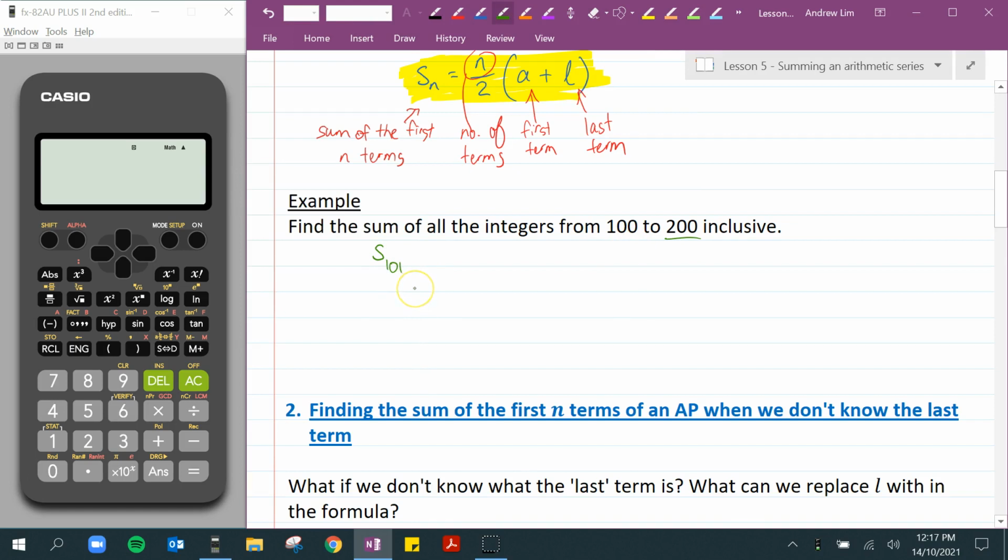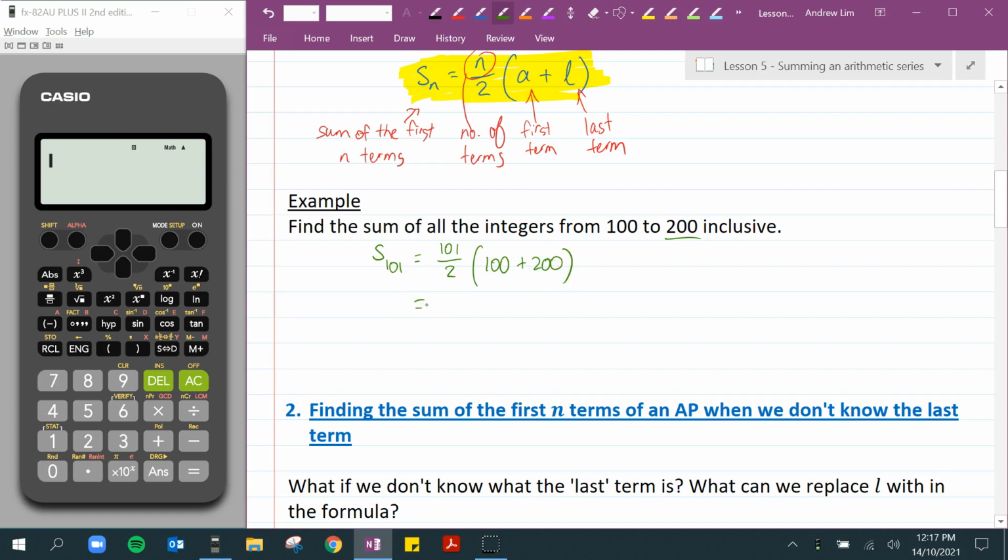So we're going to sum the first 101 numbers from 100 to 200. So we know that there are 101 terms divided by 2. The first term is 100, the last term is 200.